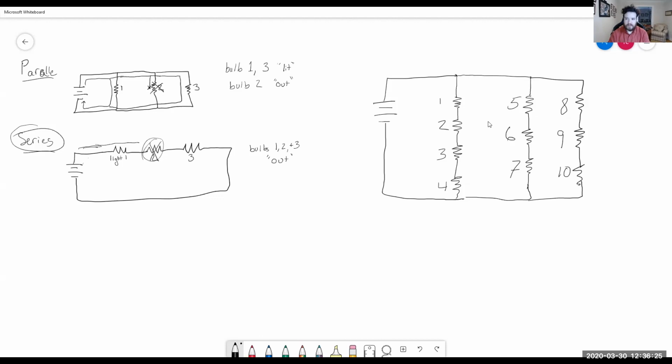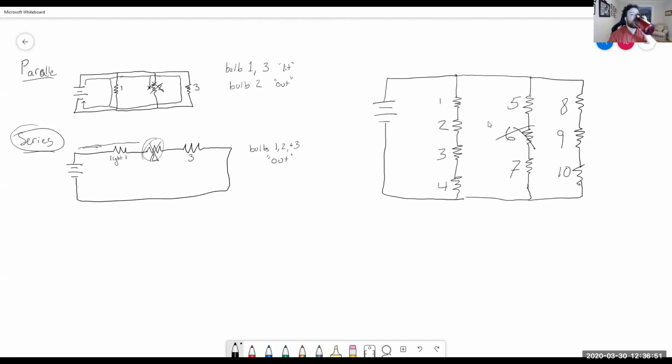All right. So each one of these series, bulbs 1 through 4, is their own series. Bulbs 5 through 7 is their own series. 8 through 10 is their own series. If one bulb goes out, if bulb 6 goes out, what happens? Bulb 7 will go out. Bulb 7 would go out, but what happens to bulb 5?